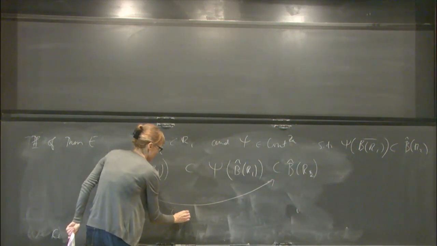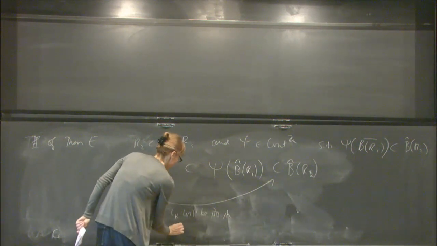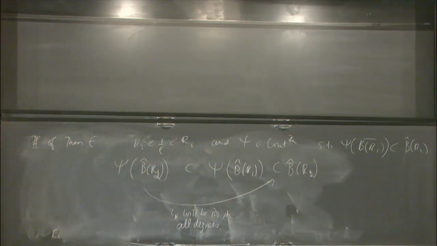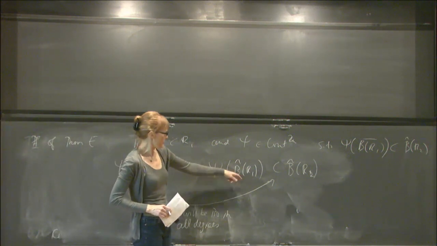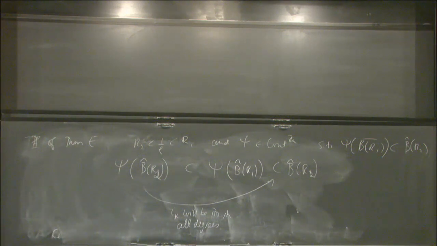iota star will be an isomorphism in all degrees. Using this theorem. And then we'll get a contradiction in the particular degree right here, in any of these degrees in between that one and that one.